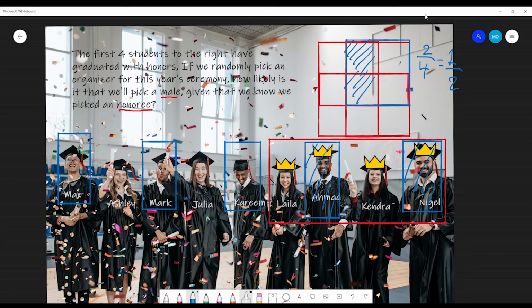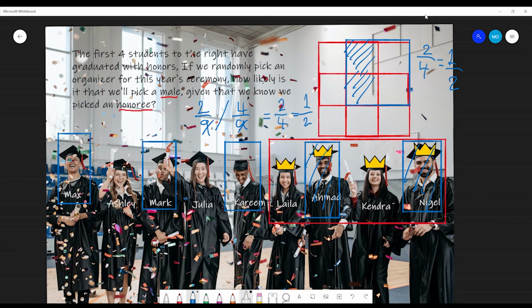It's kind of obvious. But another way, and the methodical way of going about it, is that you calculate the probability of those who are both male and an honoree, which is 2 out of 9, because only Ahmed and Nigel fit the bill, and you count that as a fraction out of the new shrunk space, which is 4 out of 9. The 9 cancels out, so that's 2 over 4, which is 1 over 2.